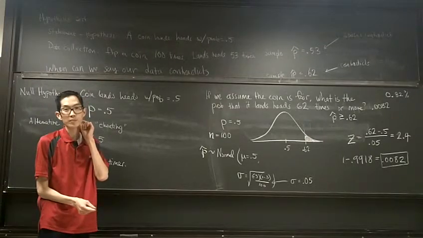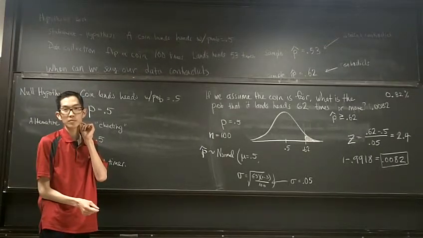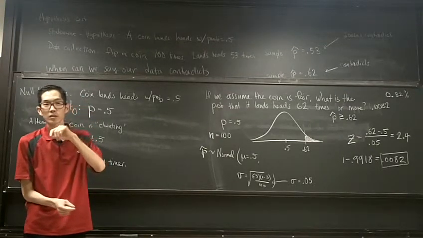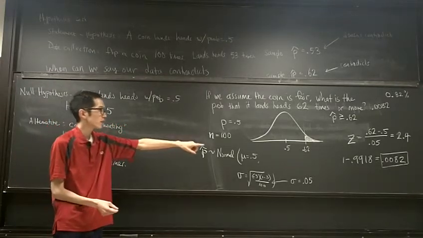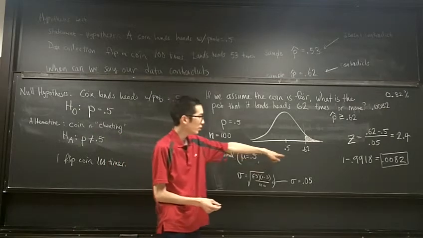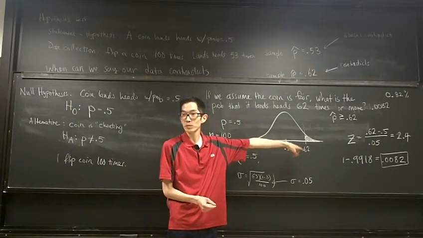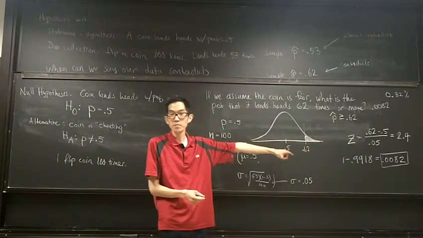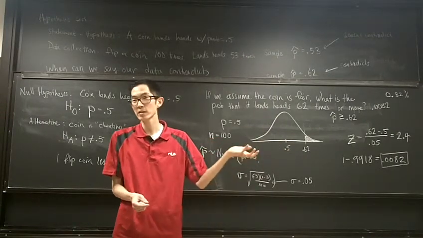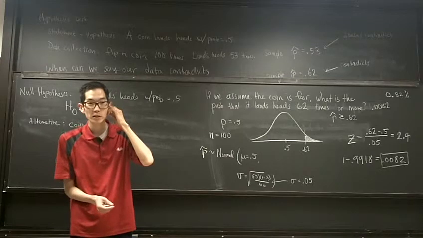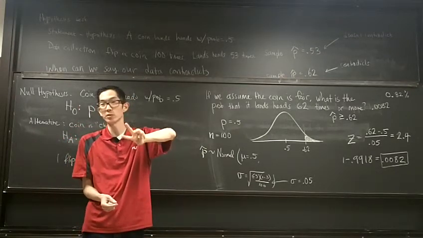So what does that mean? You have a very small chance. So it's unlikely for a fair coin to do what we just saw it do. I flipped a coin 100 times and it landed heads 62 times. So there's two things that are possible.